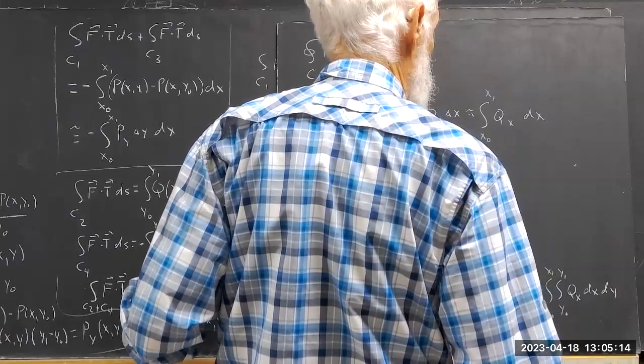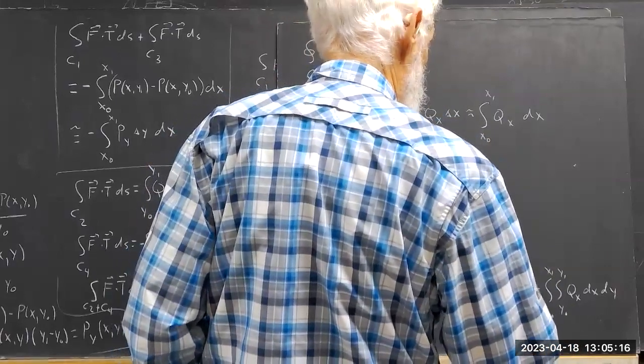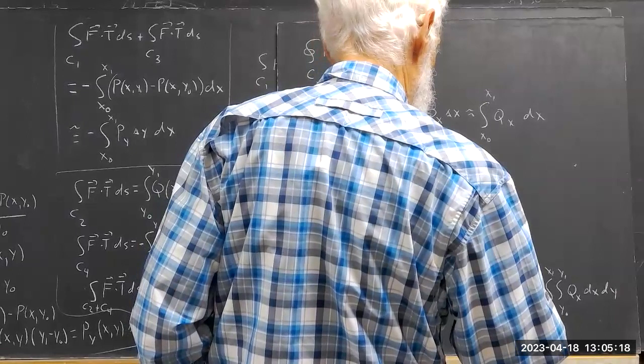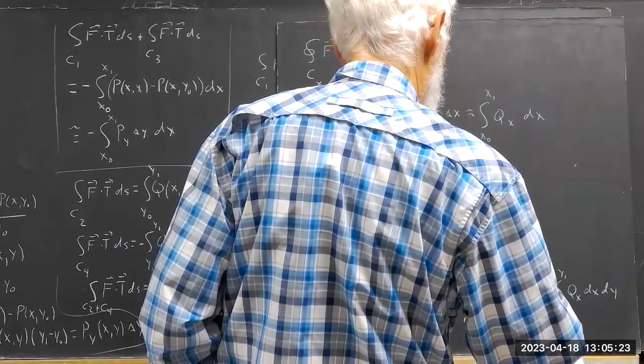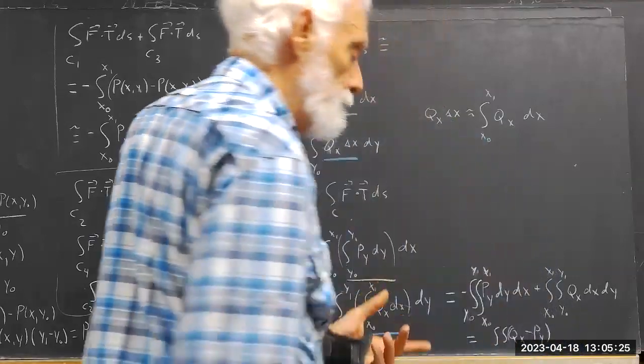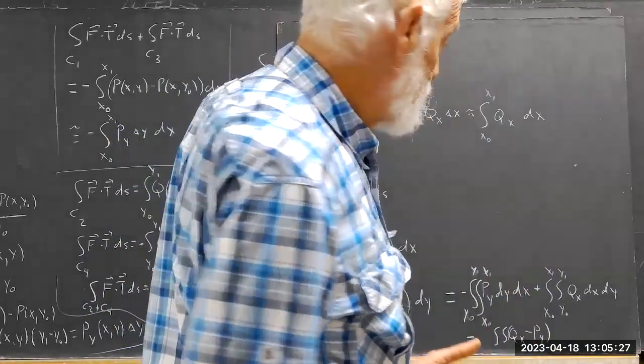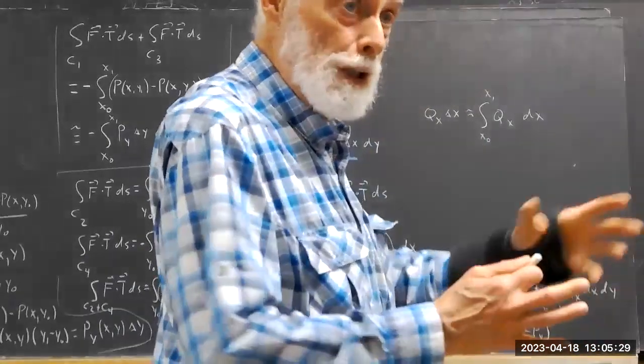This becomes a double integral over the entire region of Qx minus Py, and dx dy is just the area.